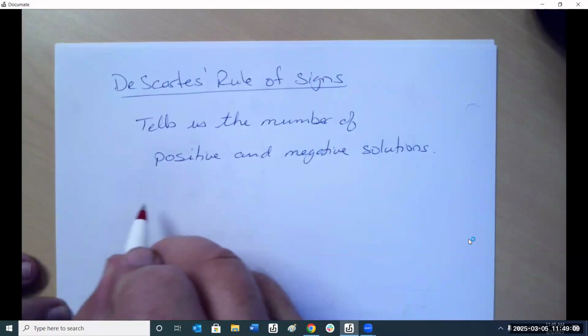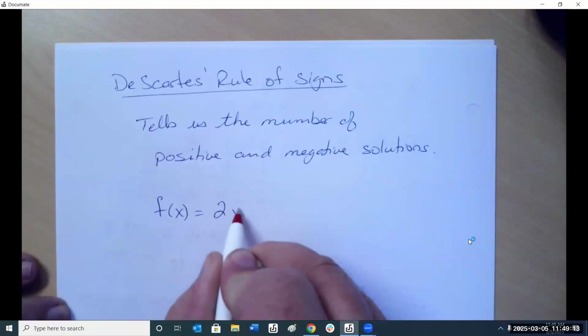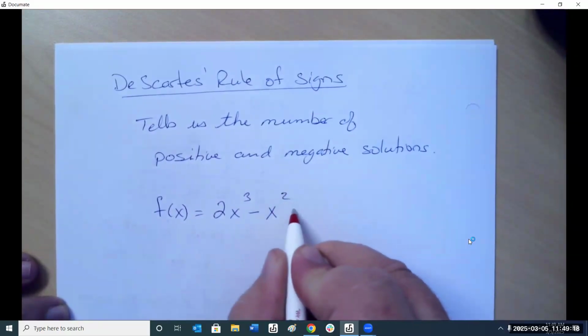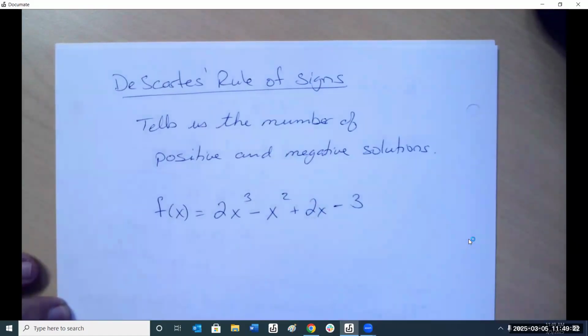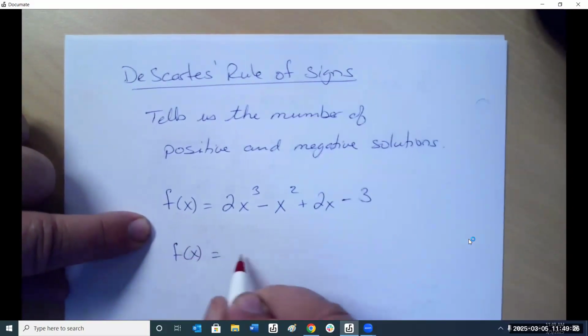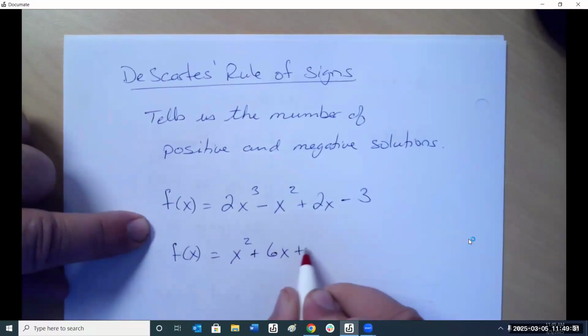So let's look. Example 2 we had was this: 2x cubed minus x squared plus 2x minus 3. We'll do that. Actually, let's start even easier than that. I have a question.